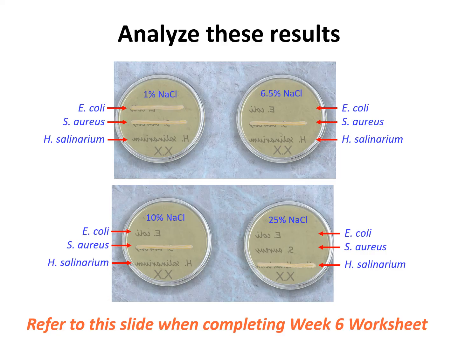For this plate, for example, you can see the colonies of E. coli and S. aureus, but do you see how for H. selenarium, there is no growth? So you're going to take a look at all 4 plates, and then decide which one is a halotolerant, which one is a halophile, a non-halophile, etc. Okay.